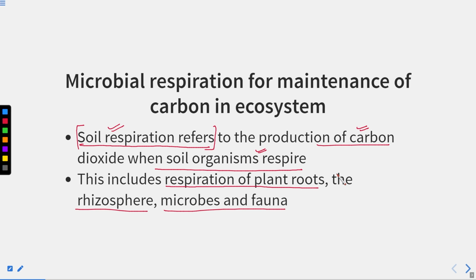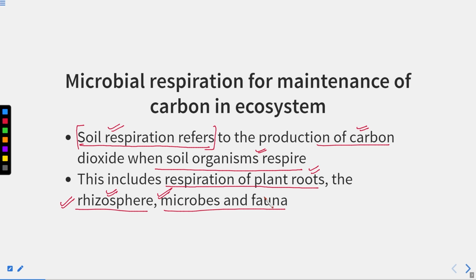So what are the things that are present? Roots of the green plants, right? They also respire, they also give out carbon dioxide, and the region in which the microorganisms are present along the roots, that is called the rhizosphere. So in this rhizosphere, many microbes are also present.